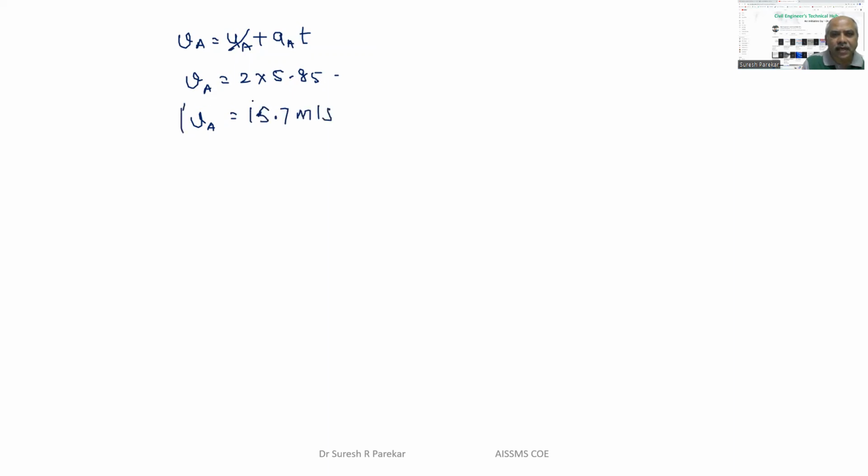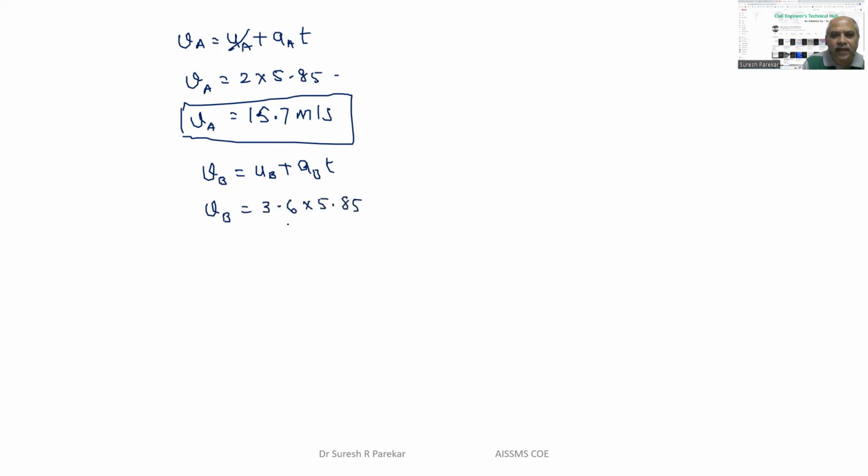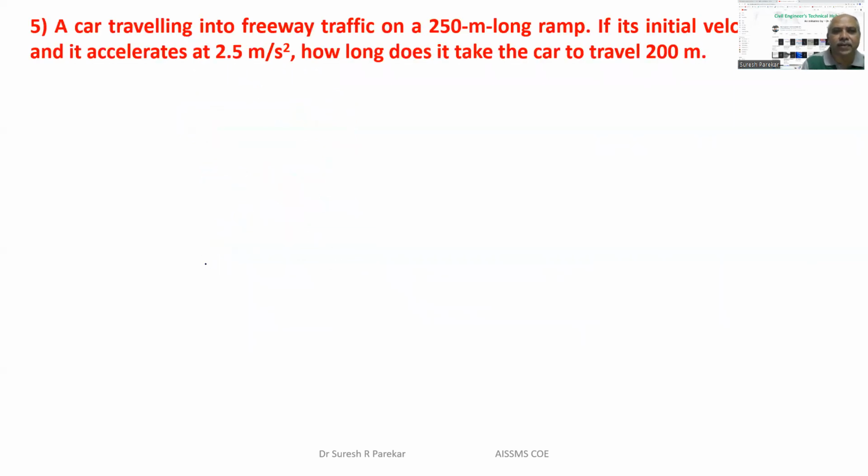Similarly we can find VB equal to UB plus AB into T. From this VB is equal to 3.6 into 5.85, and I got this value of VB as 21.06 meters per second. So likewise, write the data very clearly in the formula.